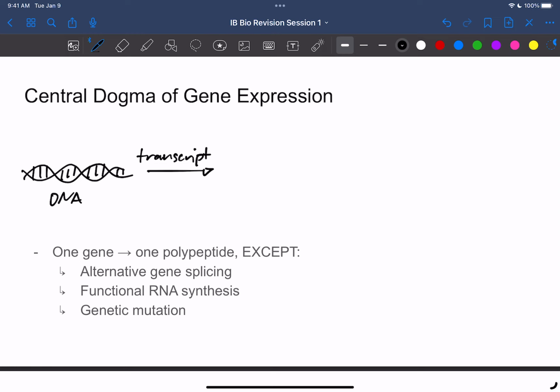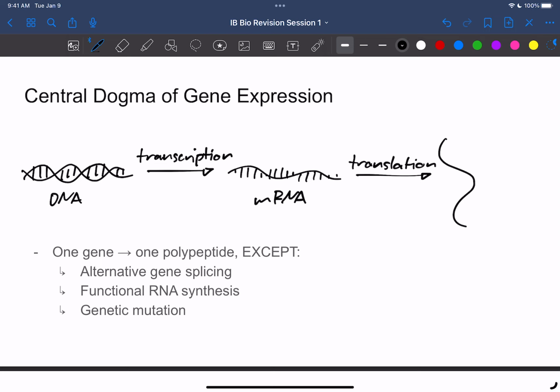Undergoes transcription to become mRNA, or messenger RNA, which then undergoes translation to become a polypeptide, and then after folding, a protein, a functional protein.